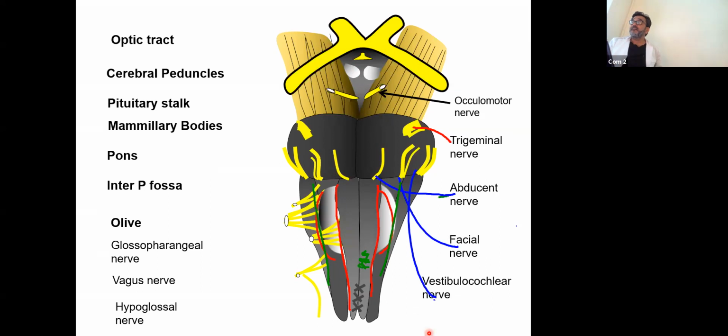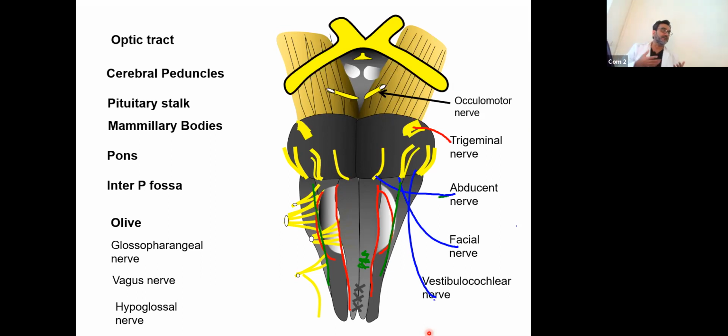In the interpeduncular fossa, there is the combination of the different arteries which is going to give rise to the circle of Willis. So there is the internal carotid and its branches, and the basilar artery and its branches, going to anastomose in this interpeduncular fossa to form a circle, which is called the circle of Willis.